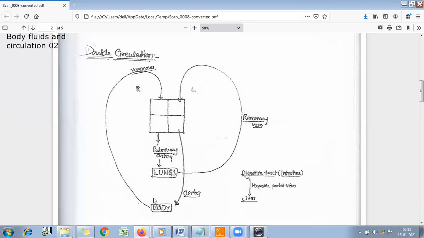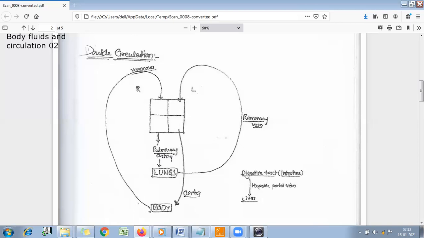We will start from the body. What happens when blood comes to the tissues of the body? The oxygen will be consumed. When the oxygen is consumed, carbon dioxide will be produced. So blood takes this carbon dioxide to the heart.